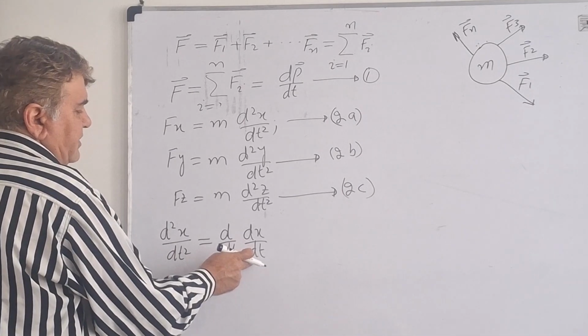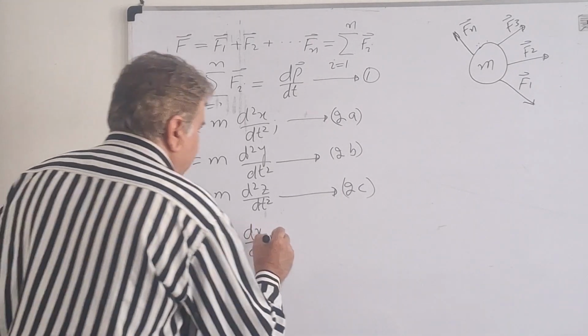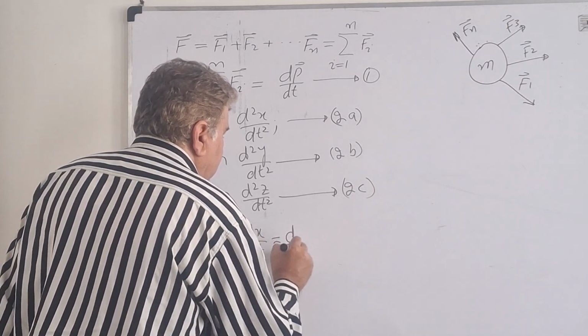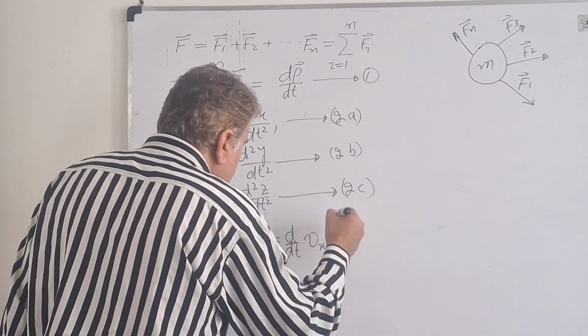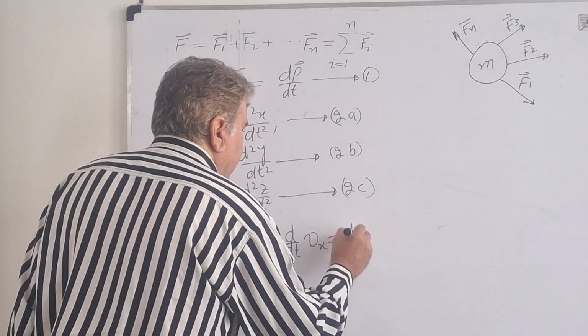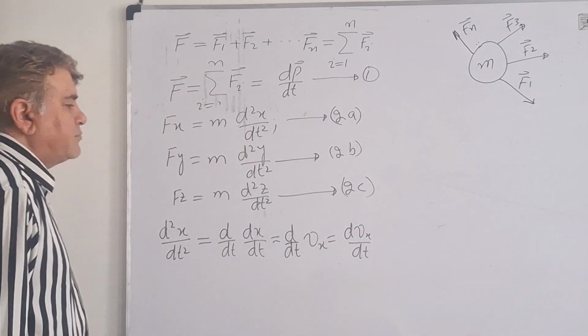And now dx over dt is in fact the velocity along the x-axis, so I can write this as d over dt of vx, which in the normal form is dvx over dt.